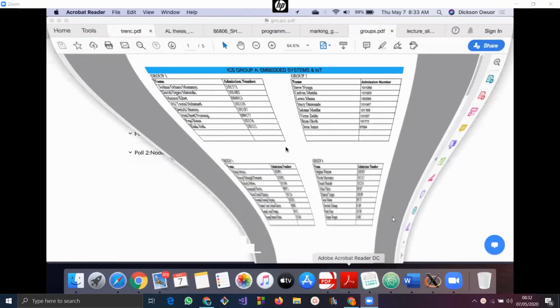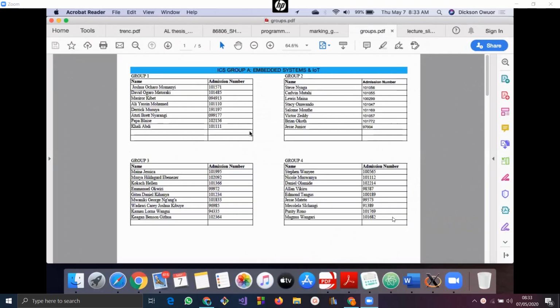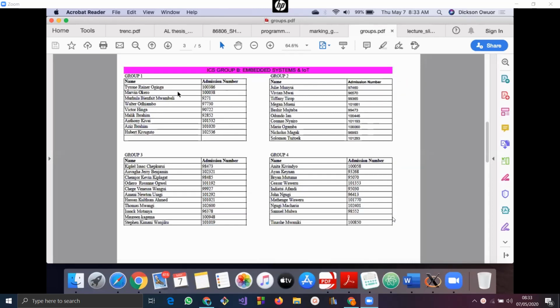Today, 7 minutes per group. So I use group 1, that is the one for Joshua, David, Masiror, Ali, Derek, Brett, Papa Blaze, and Abdi. Then ICSB group 3, that is the group for Kiplel, Jerry, Kevin, Roseanne, Vanessa, Newton, Kulthum, Thomas, Isaac, Maureen, and Stephen.